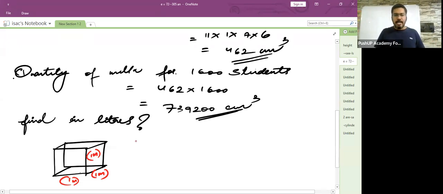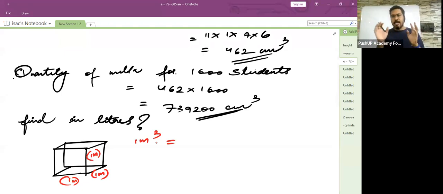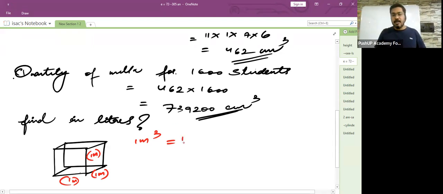In this water tank, whose volume is 1 meter cube, how many liters of water can be contained? It is 1,000 liters.